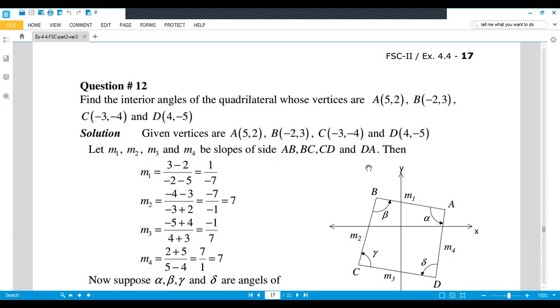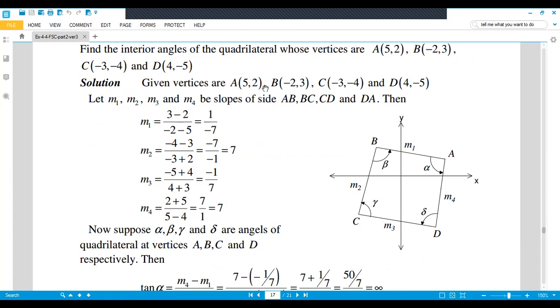So the slope of AB will be (3 minus 2) divided by (-2 minus 5), which is equal to 1 over minus 7. This is the slope of AB.